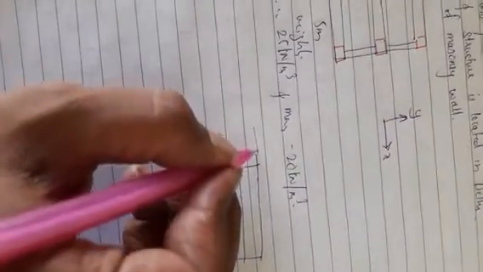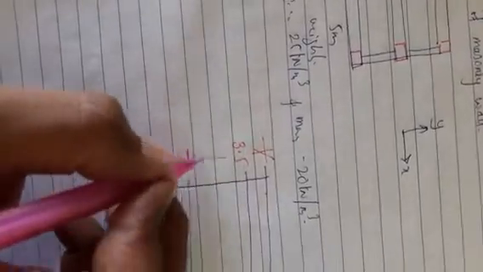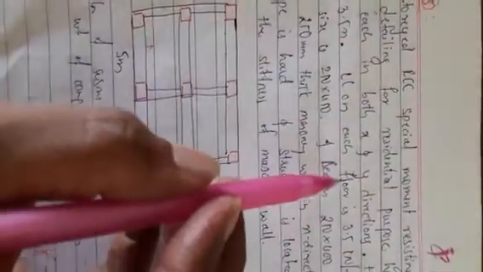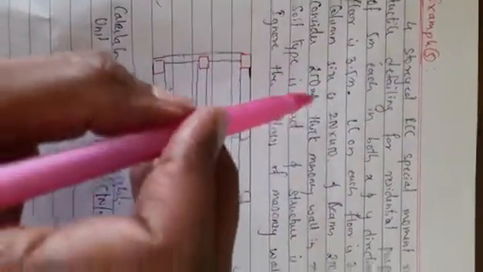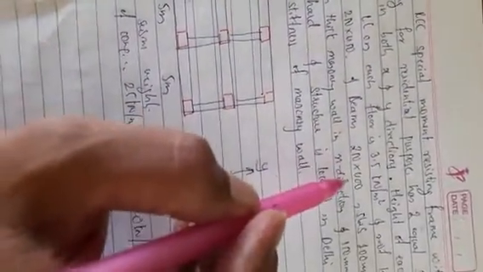So 3.5 meters is, let this be top of the beam, bottom of the beam, top of the beam, bottom of the beam. 3.5 is this. Now here he has given that depth of the beam is 0.4 meters. It is given in the problem. Beams are 250 by 400. 250 is the width, 400 is the depth. So 0.4 is the depth.